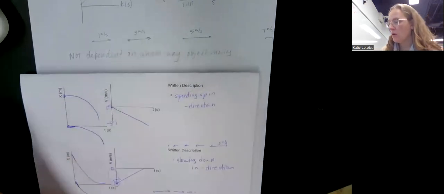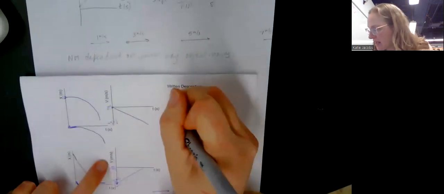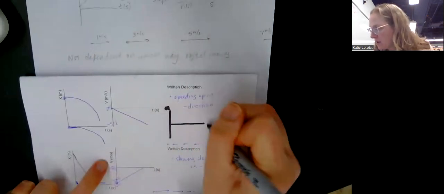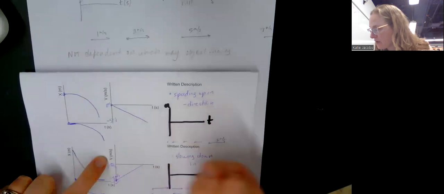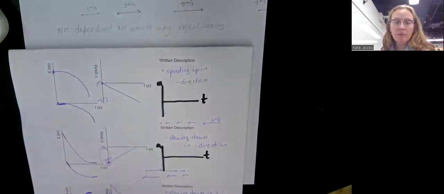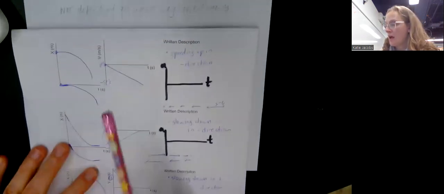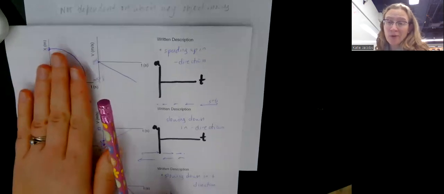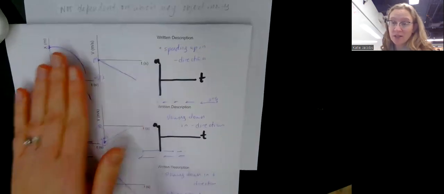So let me add a third graph to each of these problems. I basically ignore the position graph and I just focus on the velocity graph.